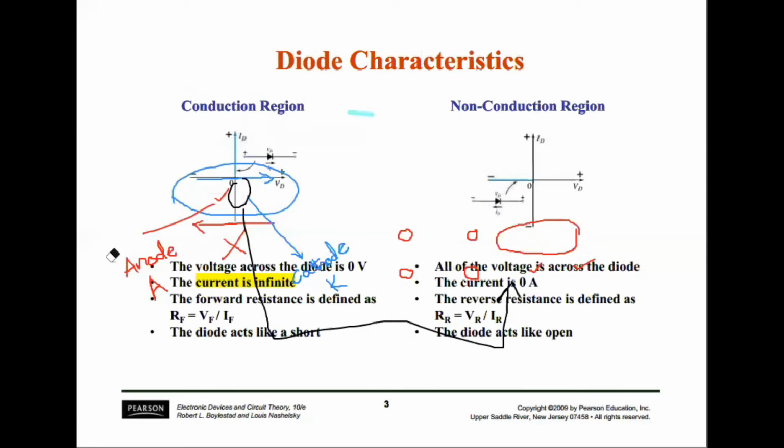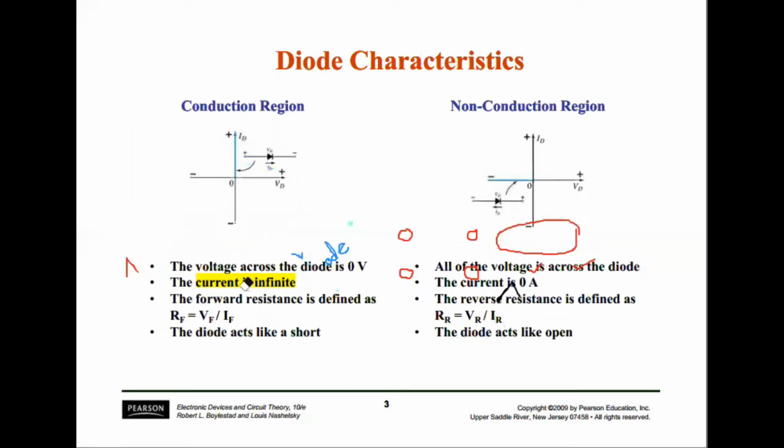We have seen all those characteristics in the later slide when we were discussing a diode. Basically, it has two regions. One is a conduction region and the other one is the non-conduction region.